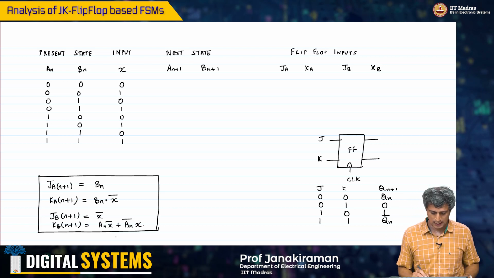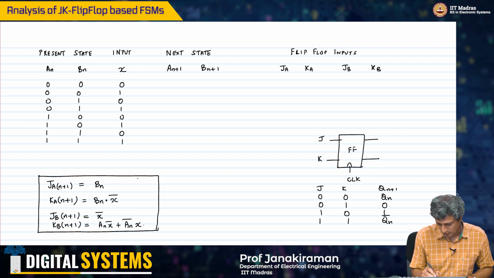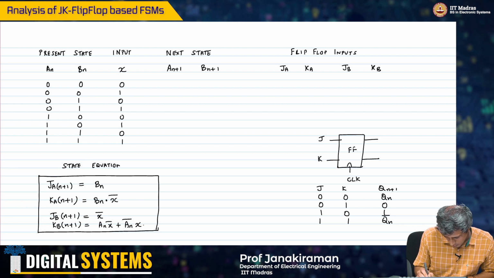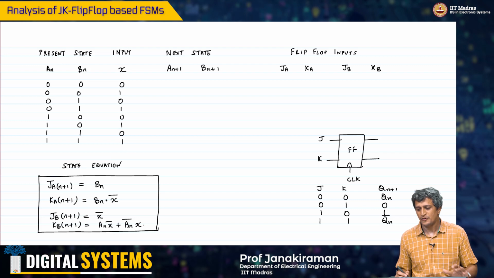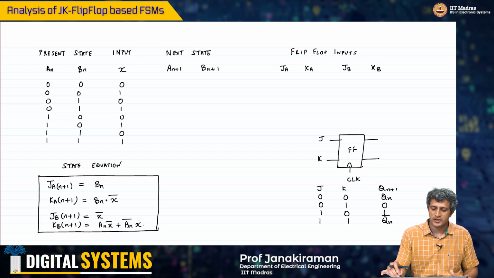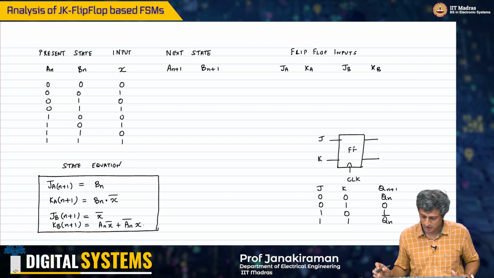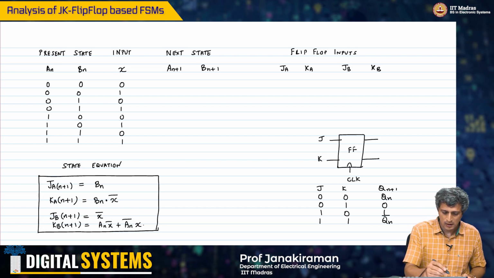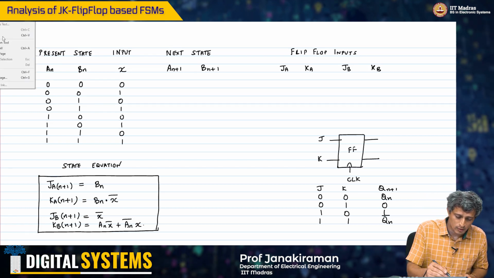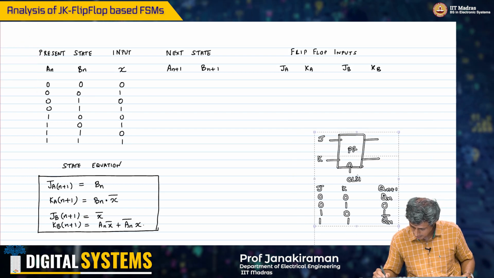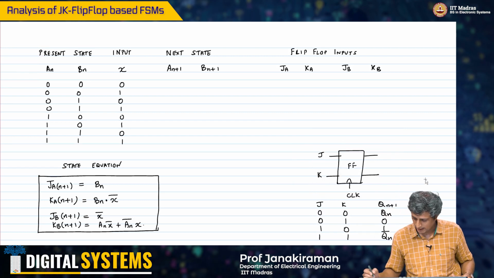Using the state equation, we can use A and B and X and determine what this JA, KA, JB, KB should be for each particular combination, and then we can use that to determine what the next state is going to be. So I'll just move this down as well so that I get enough space.